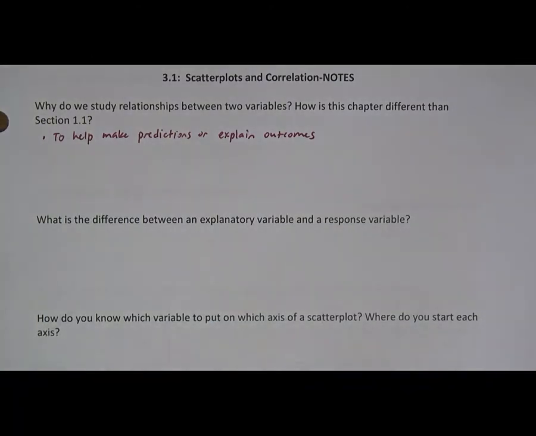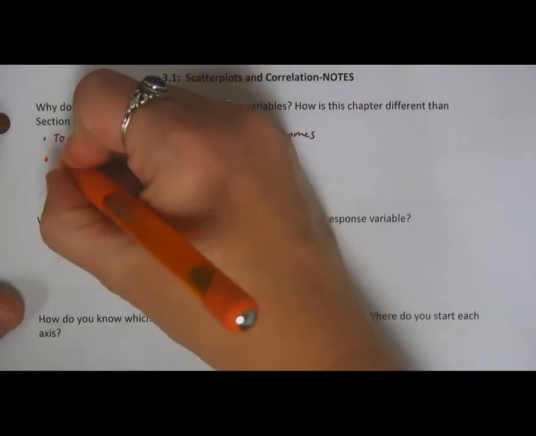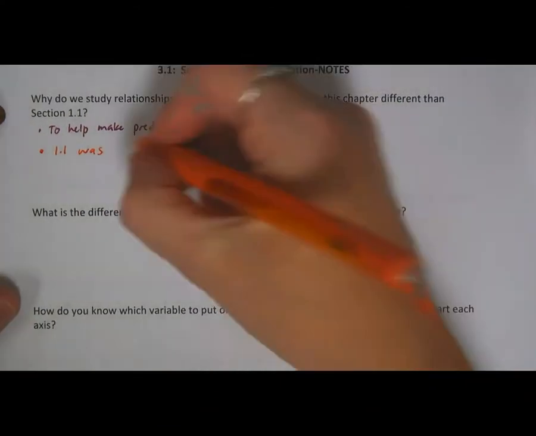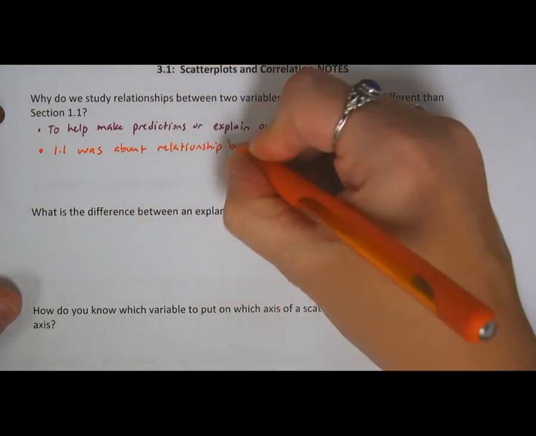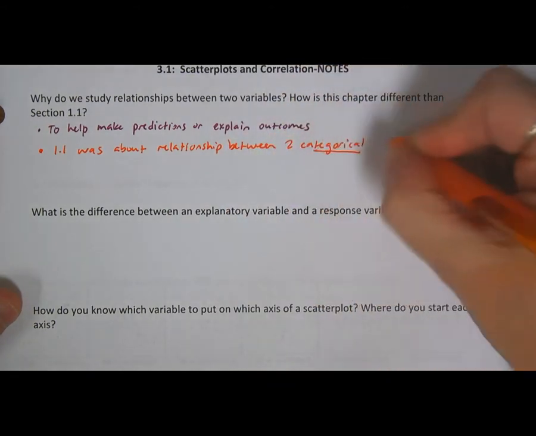The difference between this chapter and, you may not remember 1.1, but it's where we talked about two-way tables and bar charts, pie charts. Those were relationships between two categorical variables, categories, and this chapter is about relationships between two quantitative or numeric variables. 1.1 was about relationship between two categorical variables.